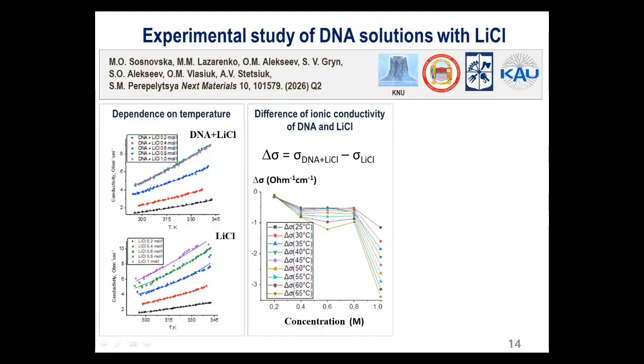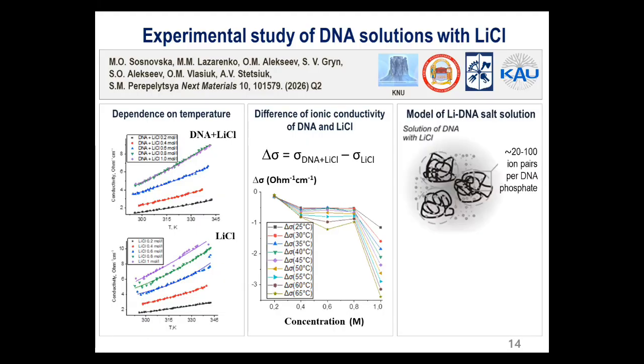So we have some decrease with increasing concentration of the difference of conductivity. After that, we have some plateau, and then this difference decreases again. These different lines correspond to different temperatures, as well as in these figures.